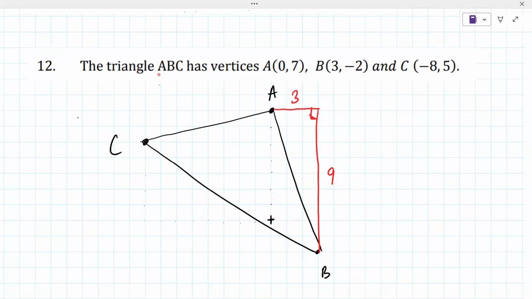Okay, so to find AB, we're going to use the Pythagorean theorem. You're going to take 3 squared plus 9 squared. Is that okay, how I'm doing that? Yeah. It's always the square root to get the result.